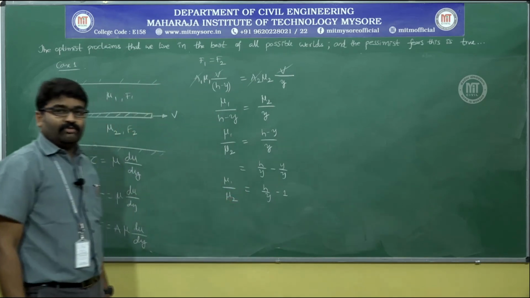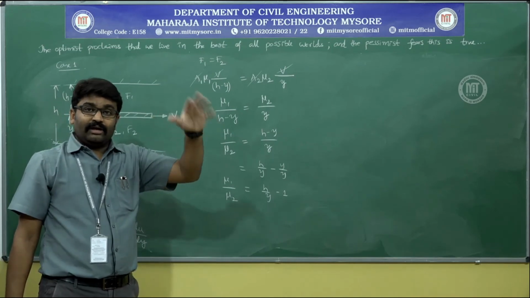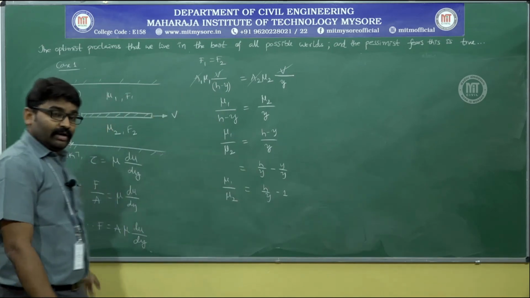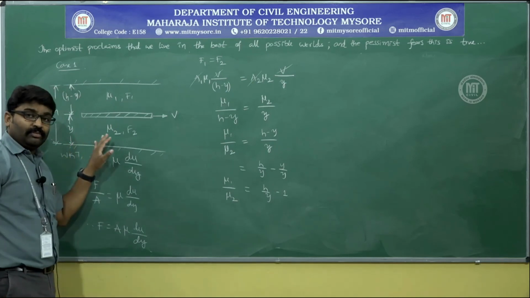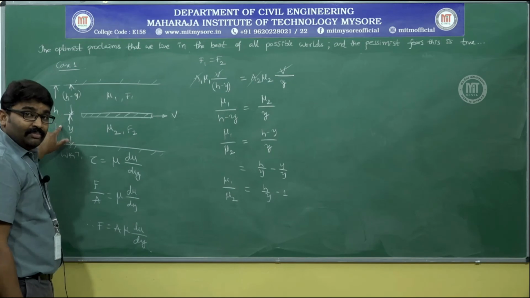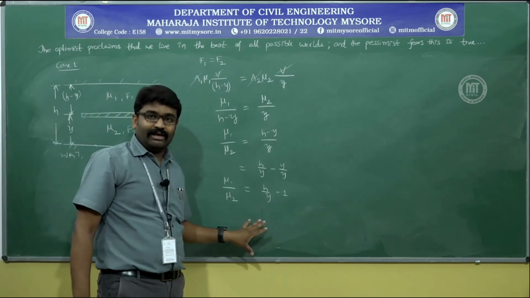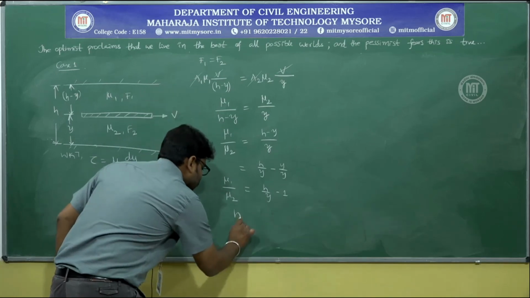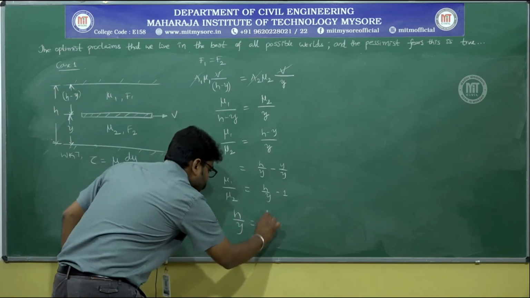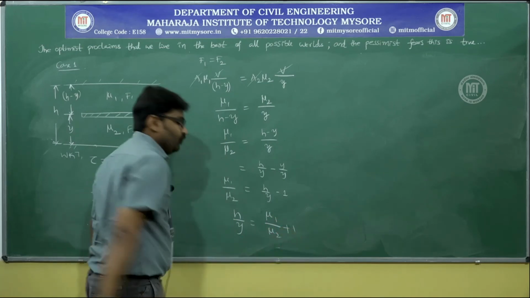If you remember the question, what was the question? Find the distance of the plate, or find the position of the plate. What is defining the position of the plate in the diagram that I have drawn? y is defining the position of the plate. So I will have to have my answer in terms of y. Please remember that. So I will write this as h by y is equal to mu1 by mu2 plus 1.